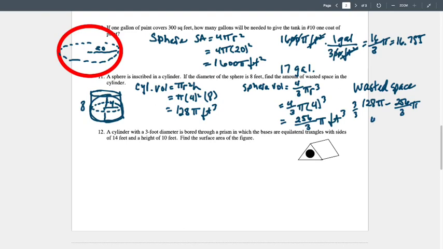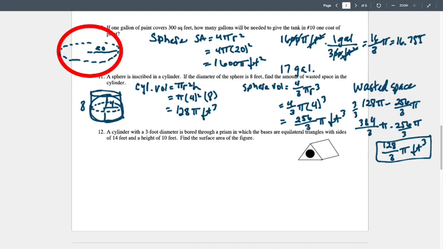That gives you 384/3 pi minus 256 pi over 3. And when you subtract those, because they both have pi, you're left with 128/3 pi. And then again, our units are feet cubed. So that's how much wasted space there is in the cylinder.